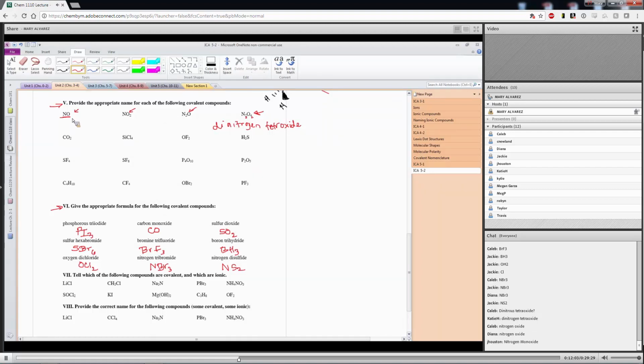Jay Houston's got it. You have to tell me that there's only 1 oxygen. It would be mononitrogen monoxide, except that we never say mono if it's the first one listed. So it's just nitrogen monoxide.